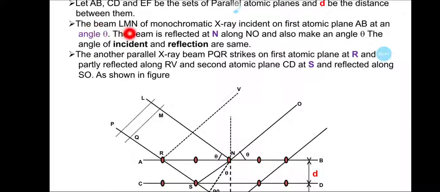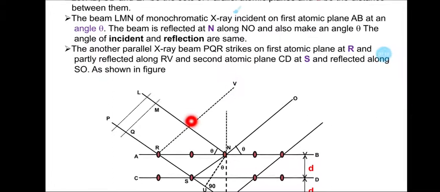The X-ray beam LMN of monochromatic X-ray radiation is incident on the first plane AB at an angle theta. The beam is reflected at point N along NO, also making an angle theta. The angles theta of incidence and reflection are the same.